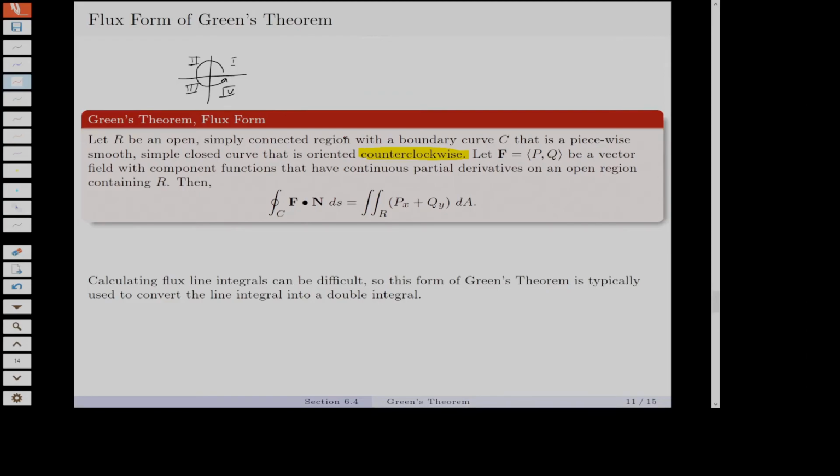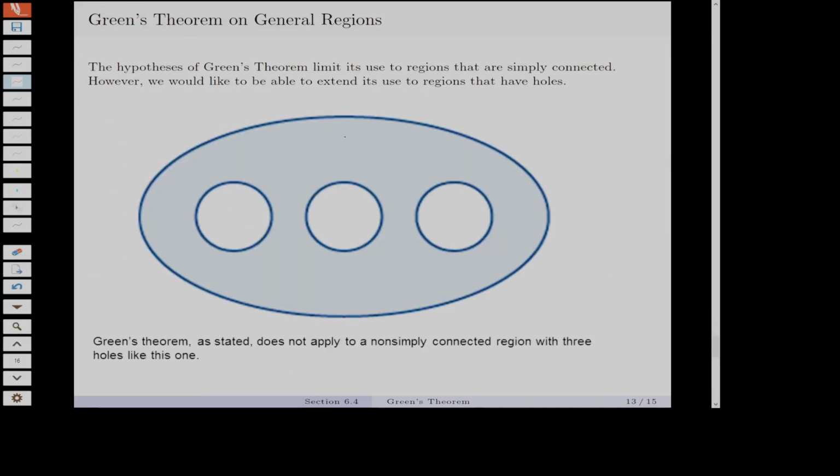But a simply connected region is pretty limiting, right? That means that the region can't have holes in it. So for example, this region is not simply connected, because I have this region that has 3 holes in it. So if this is the region that I wanted to find a double integral over, that double integral would exist, but I wouldn't be able to use Green's theorem because it doesn't meet the right hypotheses.